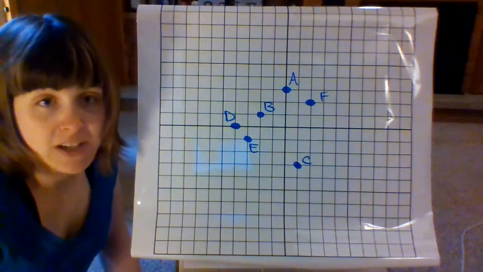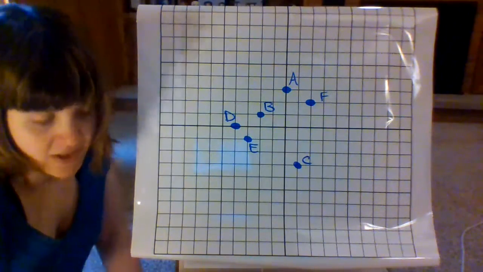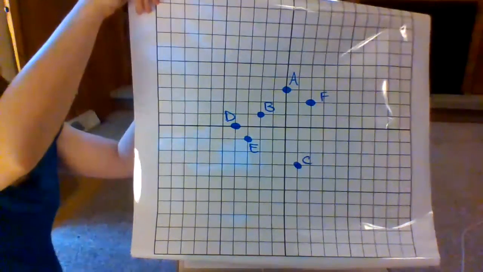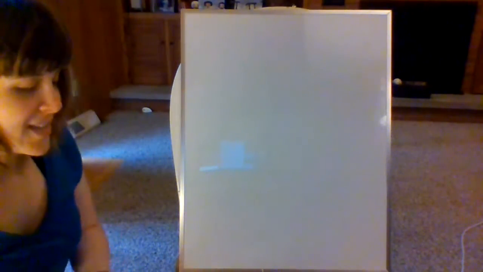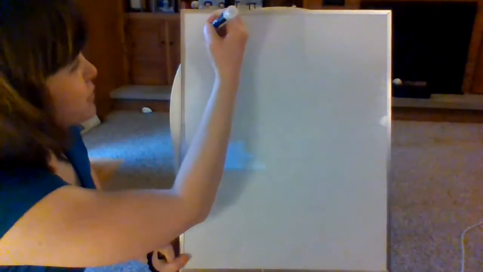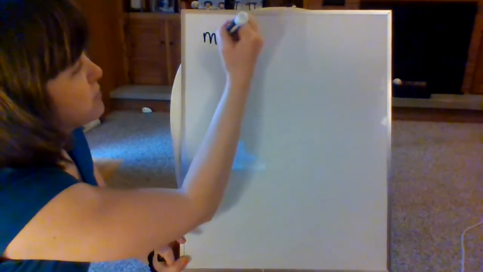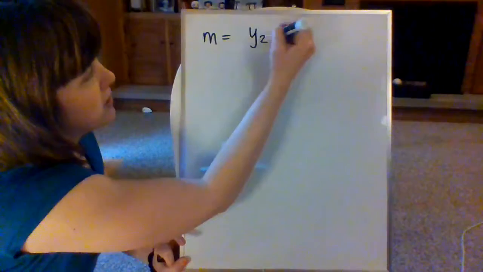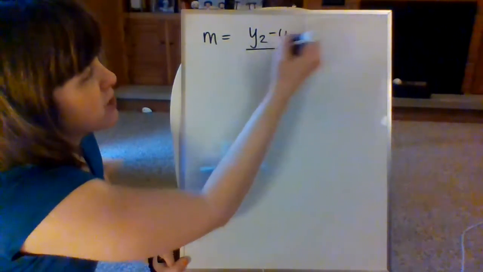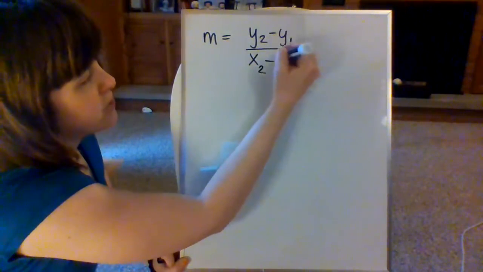Alright, are you ready to find slope between 2 points? Alright, so here we go. Ooh, magic! Did you like that? Okay, so slope between 2 points. This is the formula: y2 minus y1 over x2 minus x1.